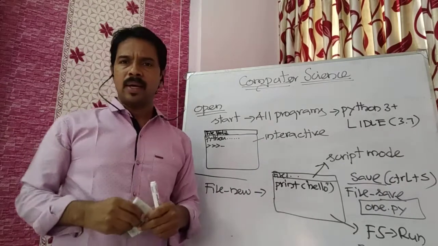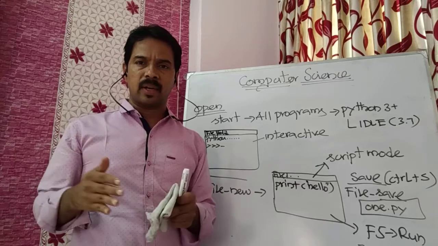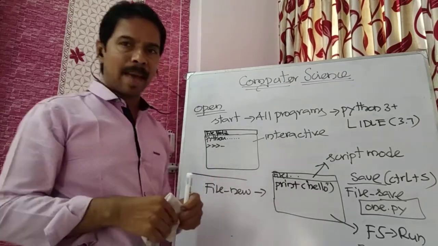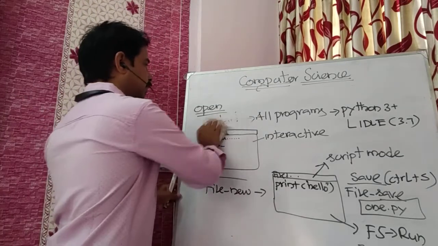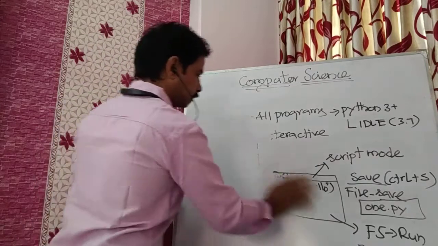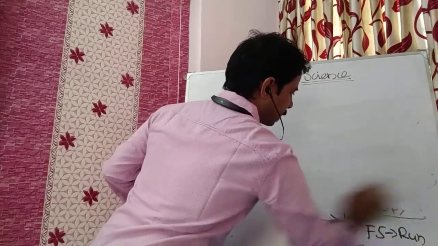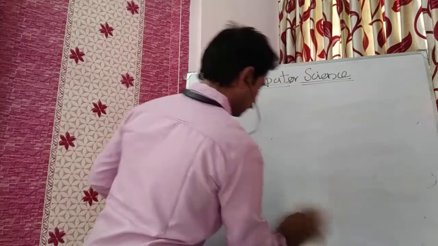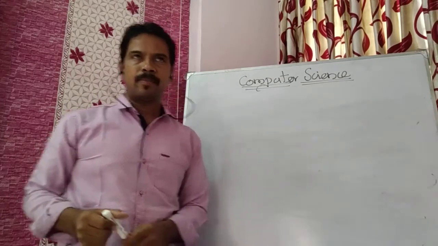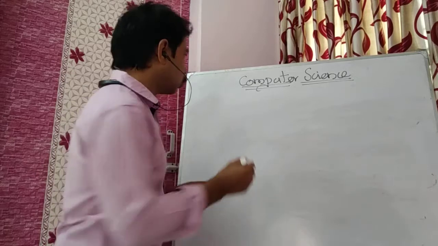Now we'll see programming-wise, we can go with two different areas. In programming, we'll go with small basic samples and types and all. So in order to do that, we need to see what is data, I mean how to handle data.